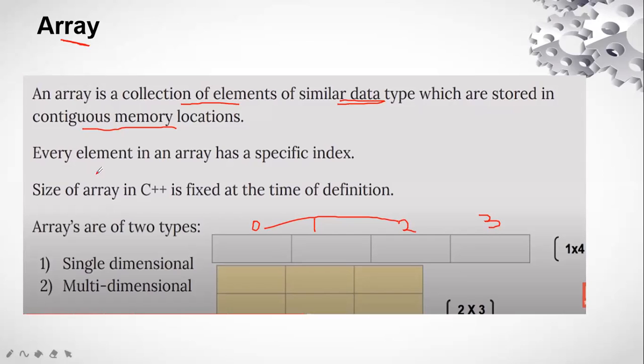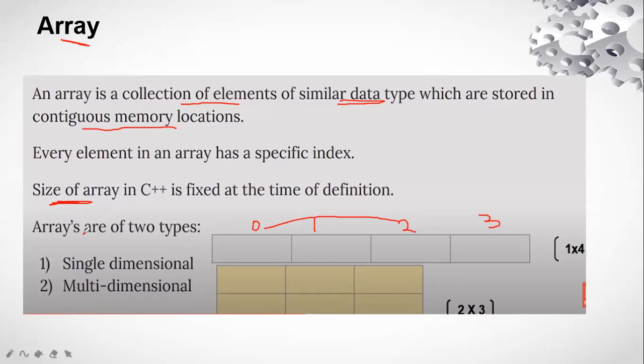Now every element in an array has a specific index. Next thing, we always have to define the size of the array. Very important part: the size of the array has to be defined in C++. That means whenever we declare the array, we have to define its size, that is, how much data we need to store in that particular array.